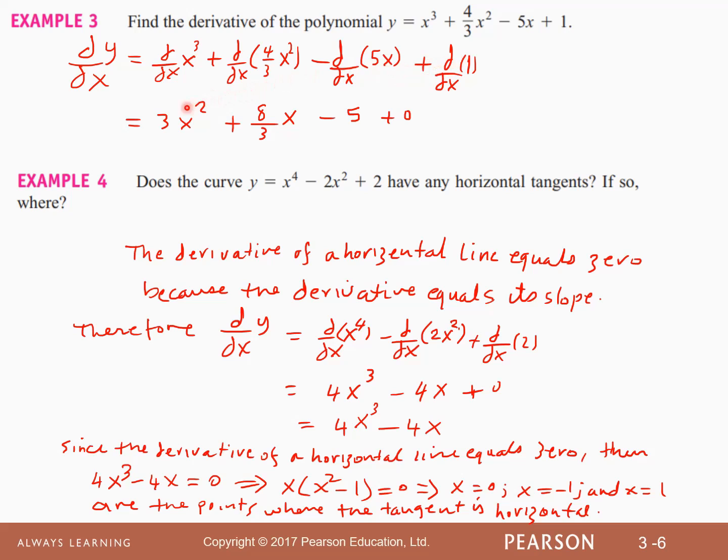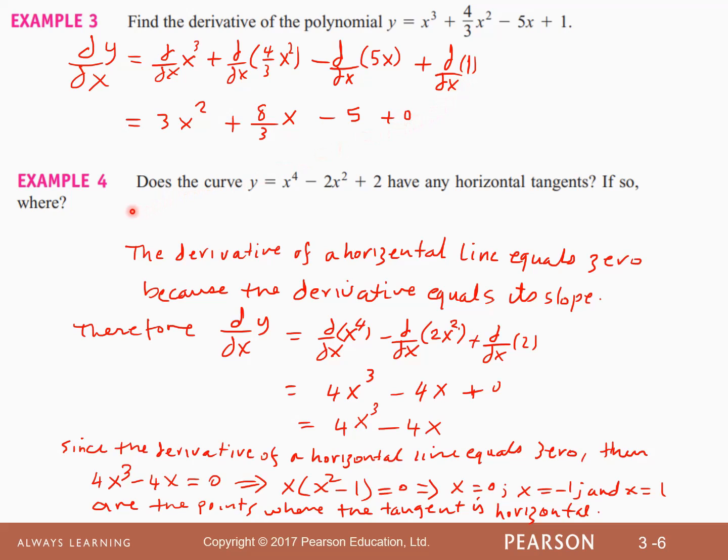The result term by term: the first term will give us 3x to the power 2. The second term will give us 8 divided by 3 multiplied by x. The third term will give us negative 5. And the last term will give us 0 because the last term is constant. The derivative of a constant is equal to 0.